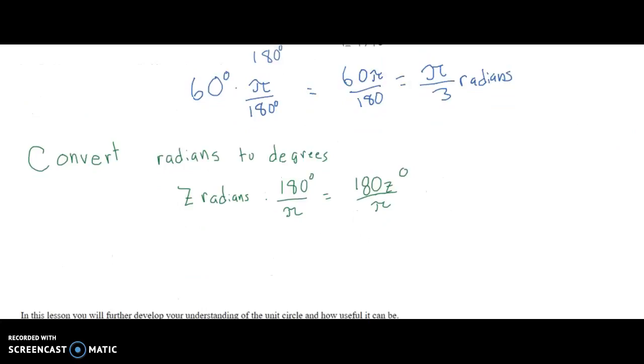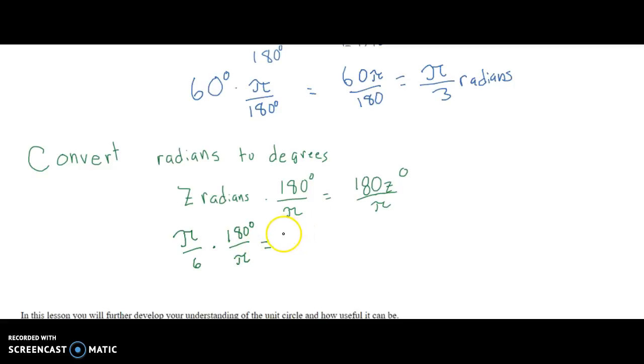Okay, so now let's convert something from radians to degrees. Let's say we have pi over 6 radians, and we want to convert it to degrees. We'll just multiply it by 180 degrees divided by pi.